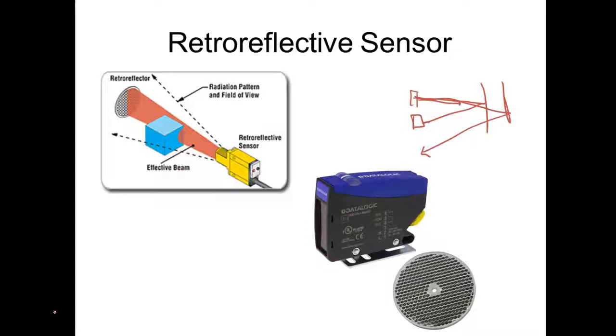I like this picture better than the ones in the other slide. You can see the way the through-beam works, and in the retroreflector, the object we're trying to sense actually breaks the beam. Very similar principle. But the retroreflective is going to be cheaper, right?